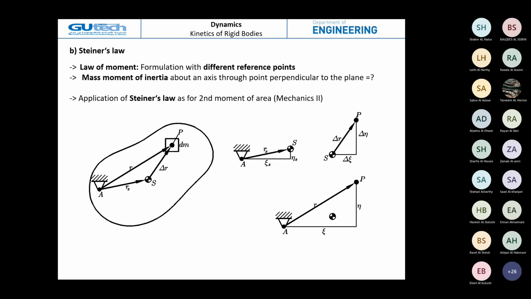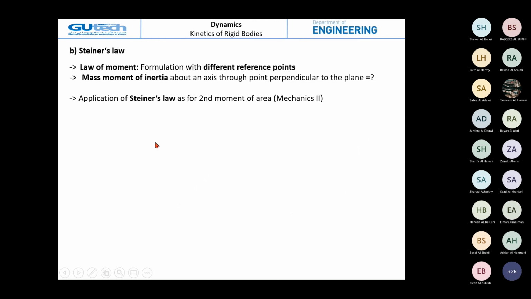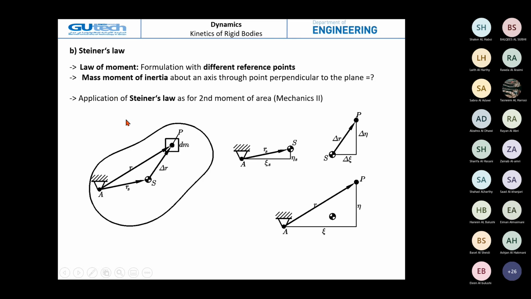That means the geometric expressions of the moment of inertia are given for the forms we have seen, and all formulations are given about the center of mass S. If we now take another point, we use what we call the Steiner law.